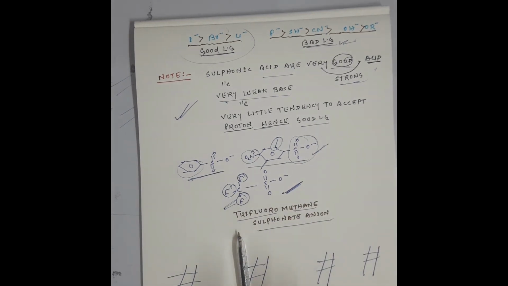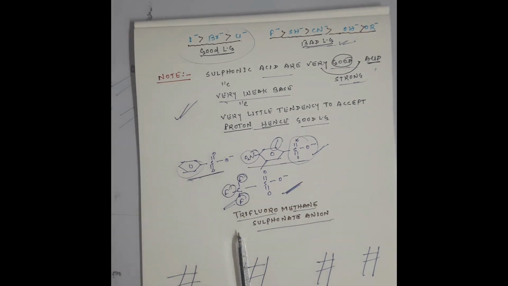I hope you understood how to decide the leaving group. Simply learning it is enough, but understand the concept. A good leaving group means a weak base. As more electron withdrawing groups attach, leaving capacity increases because the stability of the negative charge increases.